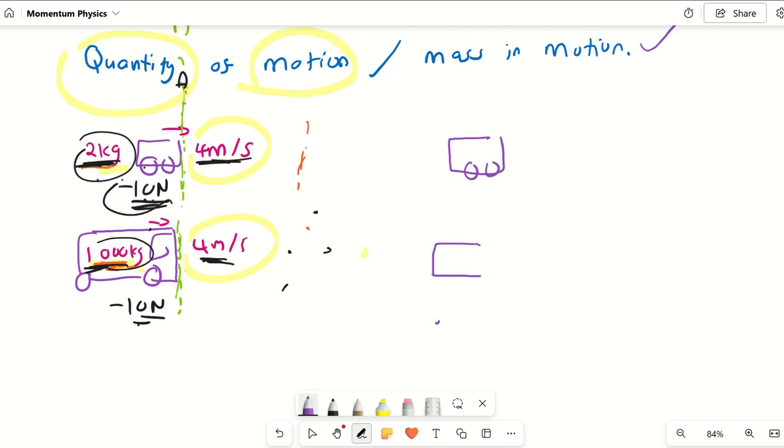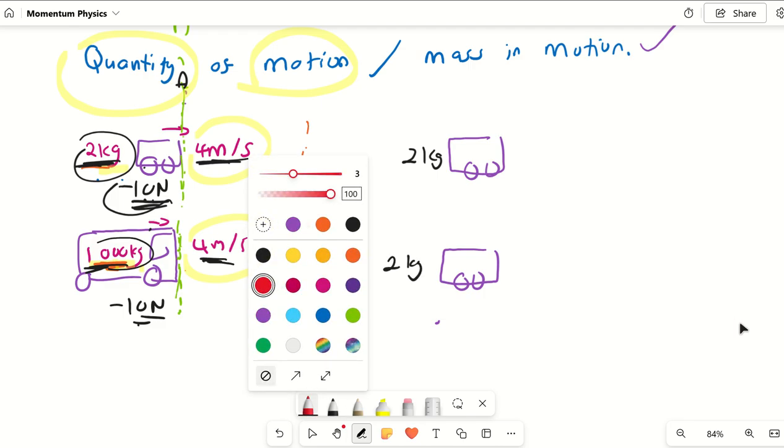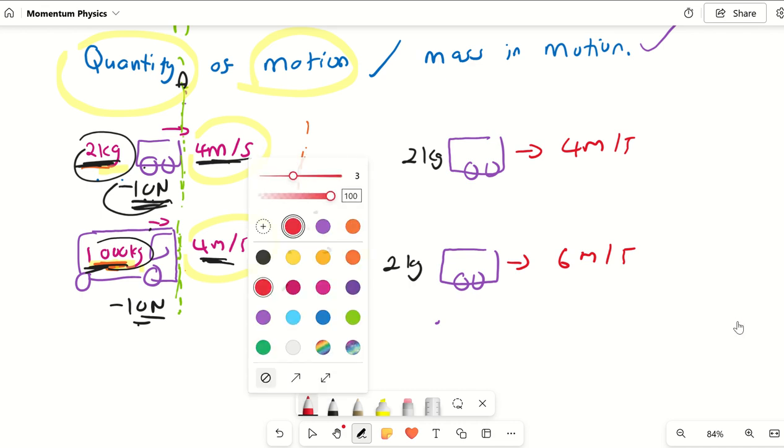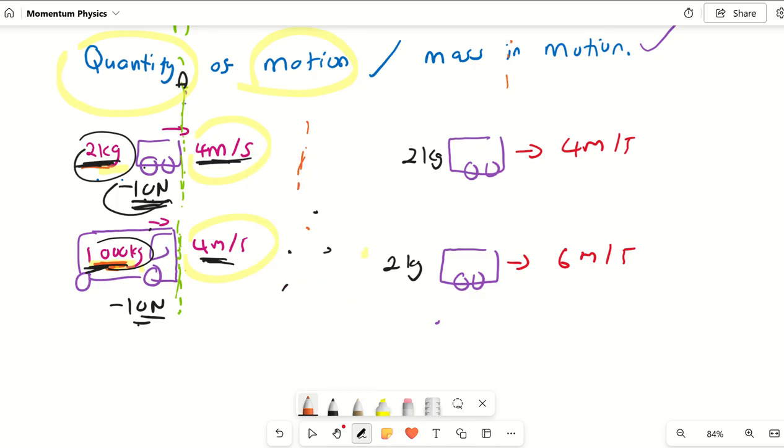I've got two identical motor cars. This one is of mass 2 kgs as well. This is moving at 4 meters per second, while this is moving at 6 meters per second. Sorry, they're not moving at the same velocity. Now, let's just say both of them are at this point. Obviously, this one is moving faster.